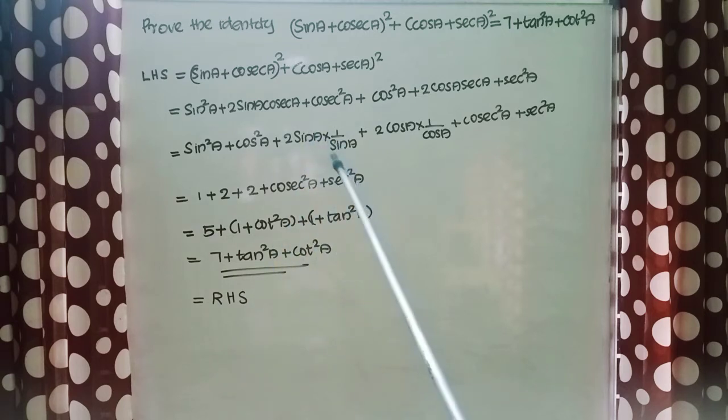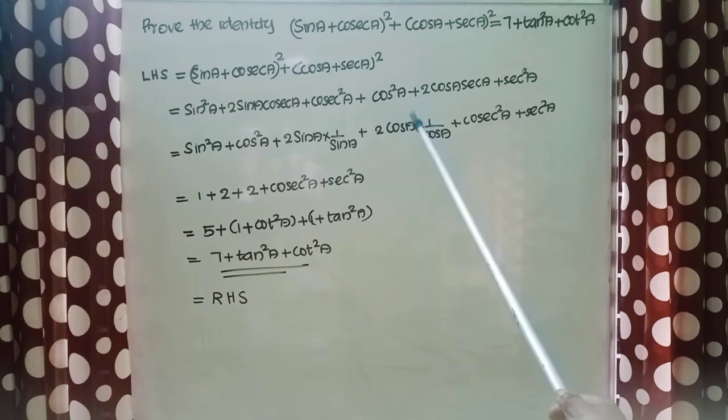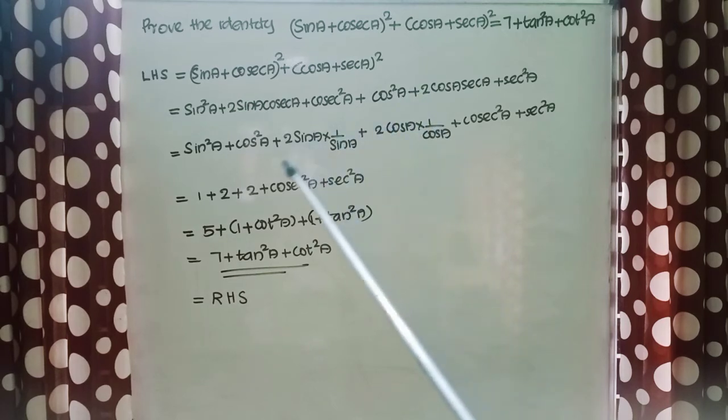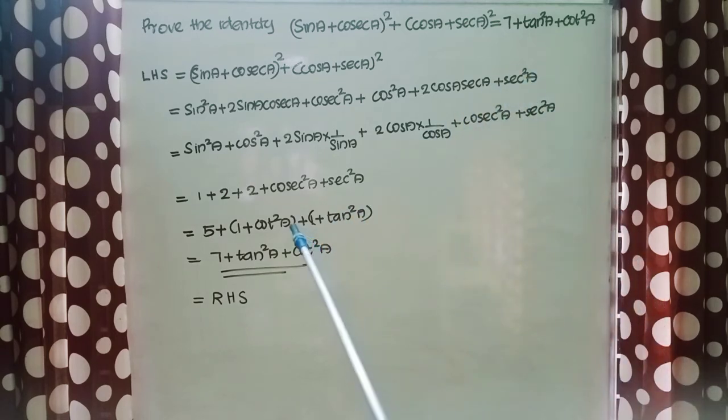Here this sin A and sin A cancelled, there is remaining 2. Here also cos A and cos A cancelled, there is remaining 2. Then remaining here cosec square A + sec square A.